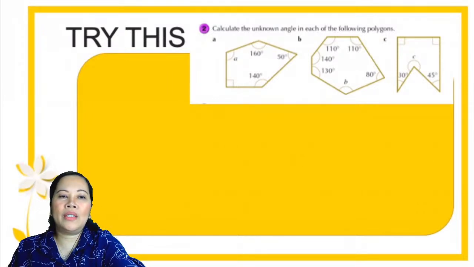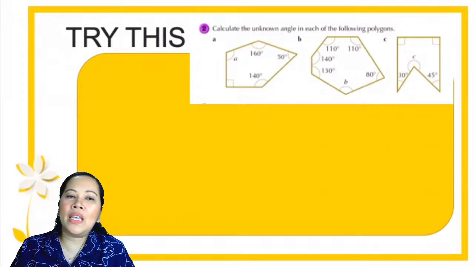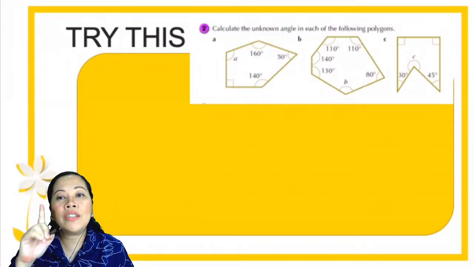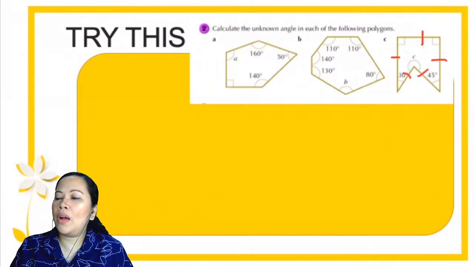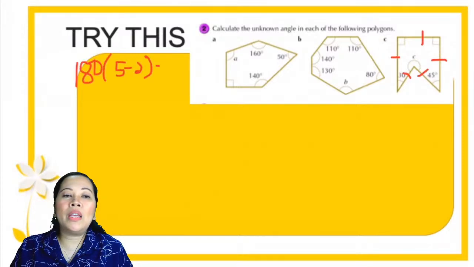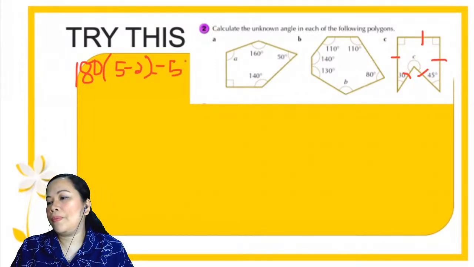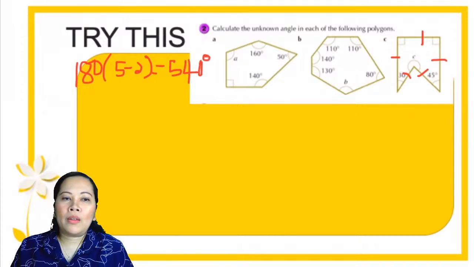All right, so let's proceed to letter C. First step, always count the number of sides. 1, 2, 3, 4, 5. 5 sides, so you have 5 minus 2 times 180, which is 3 times 180, 540.